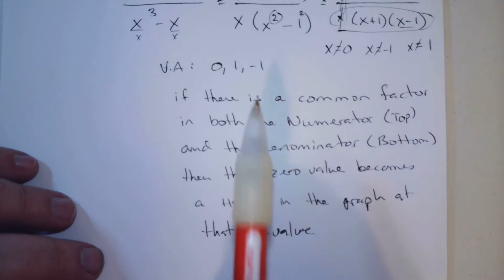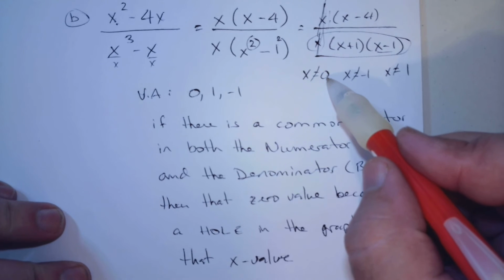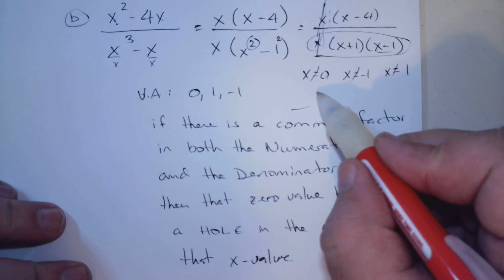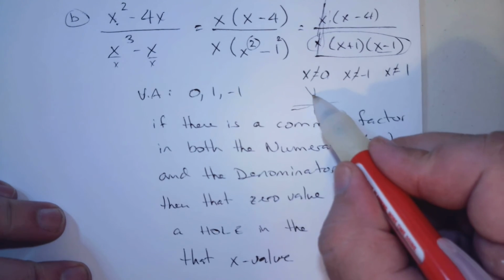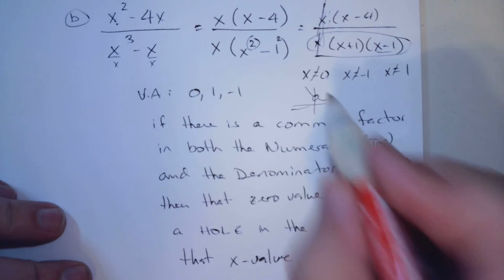So like here, the x is cancelled, so at 0, let's say this is my graph. Instead of like this, I would have a hole, an open spot there.